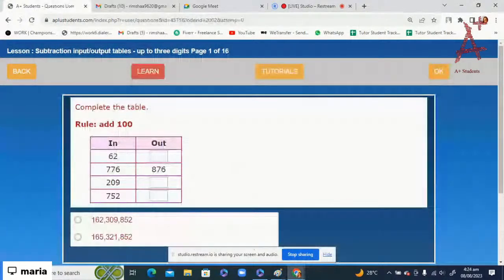Okay, so we complete the table. Add up with 100, first with 62. 776 is already done. Then we're gonna add with 209 and then 752. Let's do it. Start.